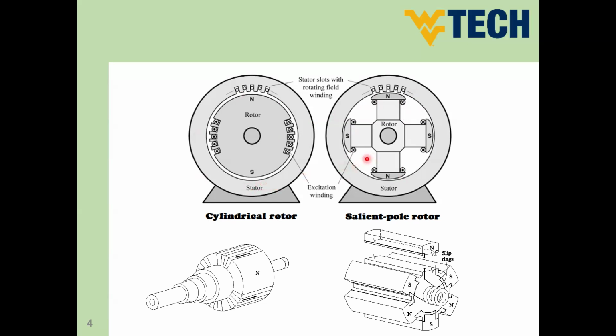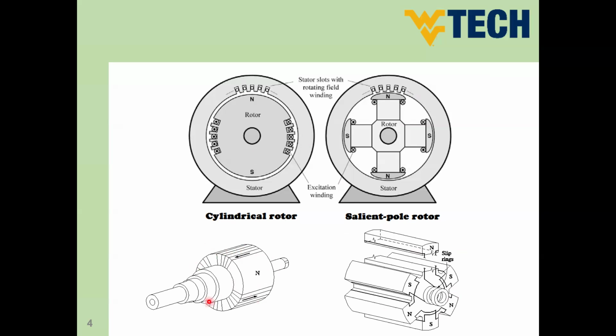And due to this saliency, guys, we have different equivalent circuits for the salient pole one, and this gives more features compared to the cylindrical type. This is the shape of a salient pole here, and this is the shape of the cylindrical type. In terms of dimensions and applications, the cylindrical type rotor has long length and short diameter.